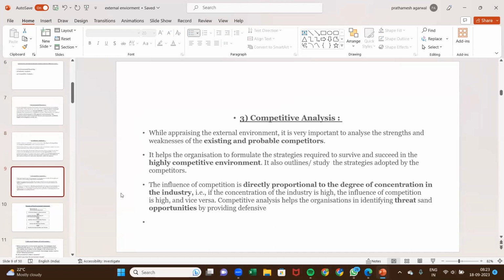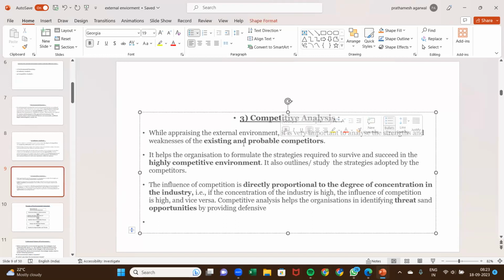Now let's talk about competitive analysis. While appraising the external environment, it is very important to analyze the strengths and the weaknesses of the existing and probable competitors, sorry. Probable means which are existing, which are there. It helps the organization to formulate the strategies.